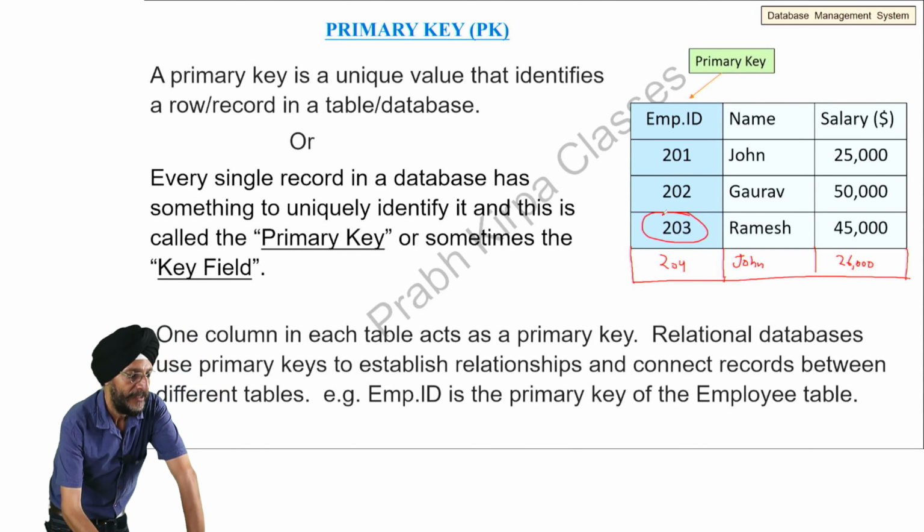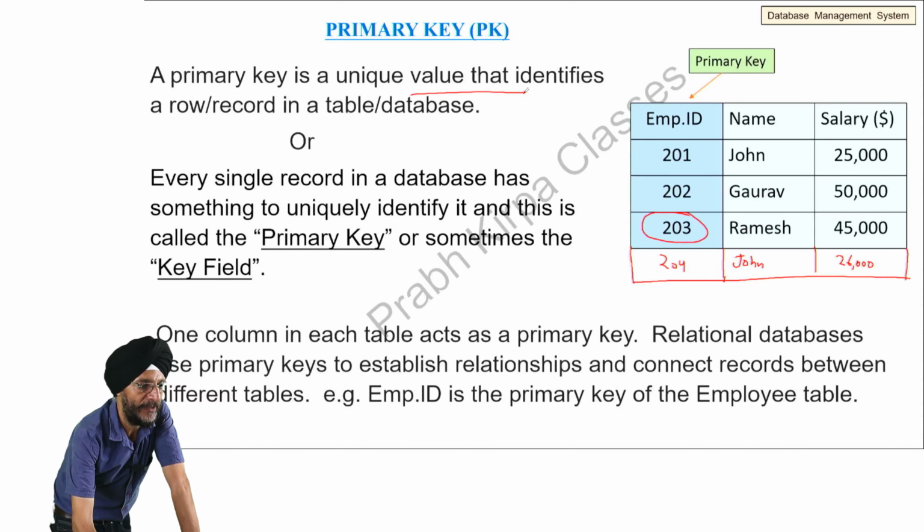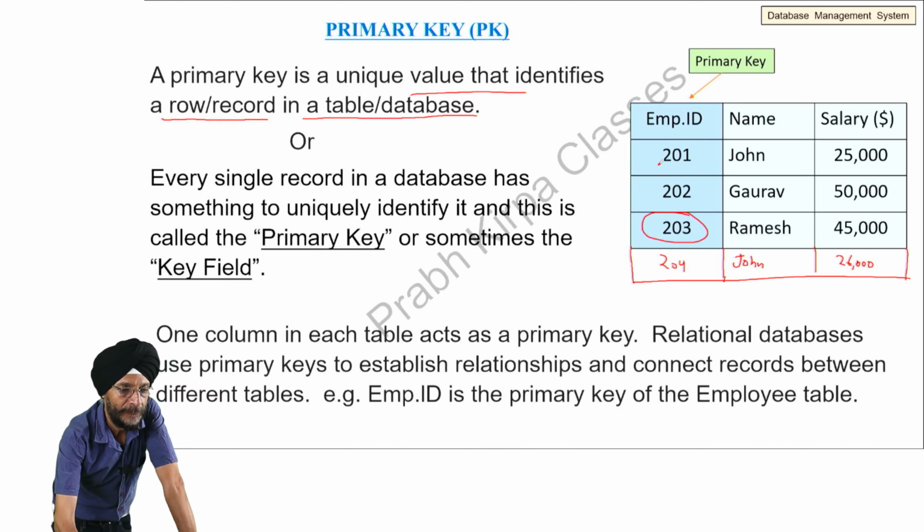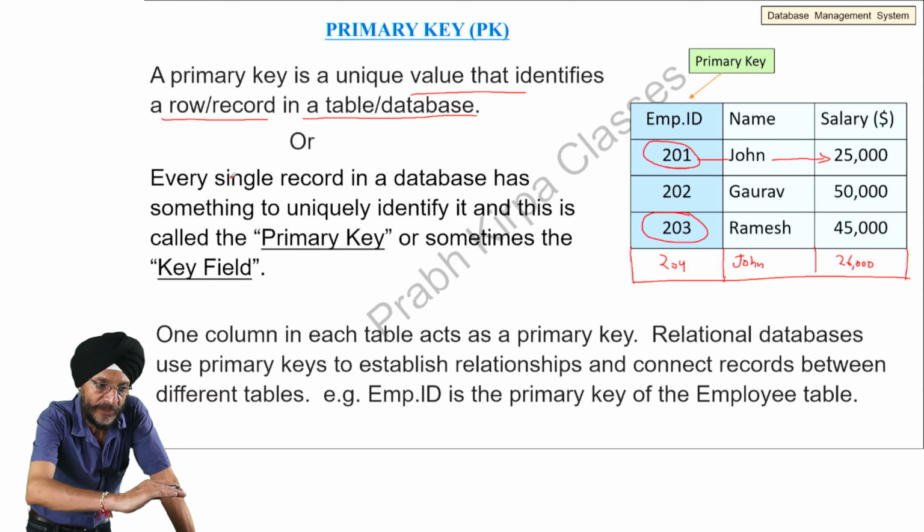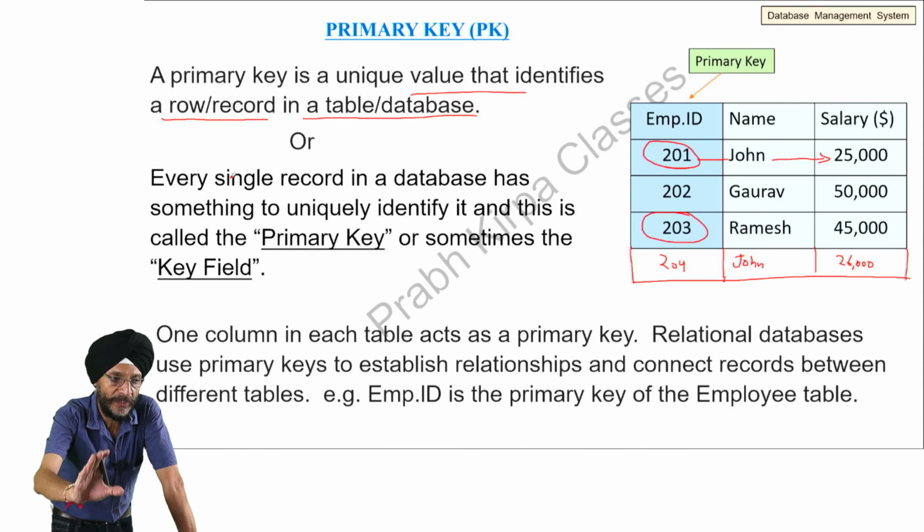So let us read. A primary key is a unique value that identifies a row or a record in a table or database. Here, this is the primary key which is identifying a particular record pertaining to one particular employee.